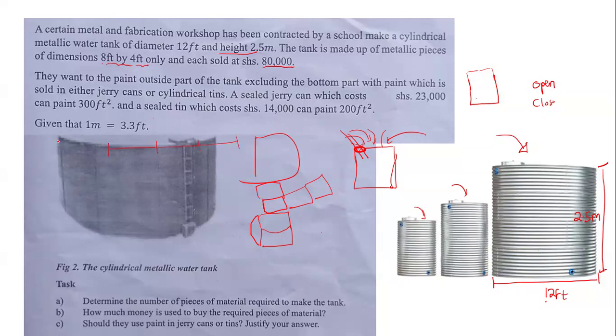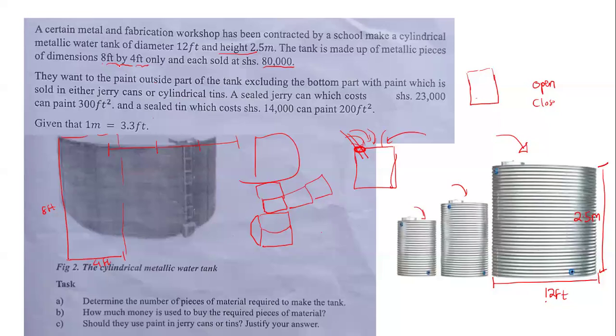So you'll find that this is like the height, which is around 8 feet, and then this one is the 4 feet. And now the question is, how many of these iron sheets shall we need when we are coming up with our tank? That means the first thing we are going to find out is what area is being covered.